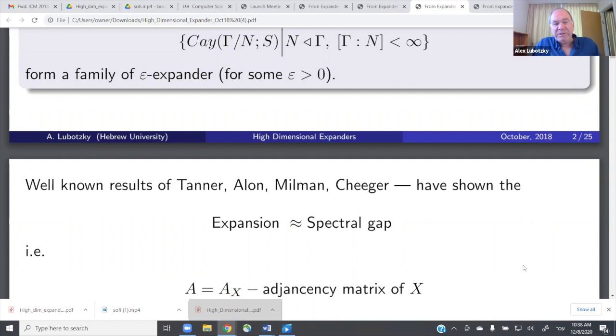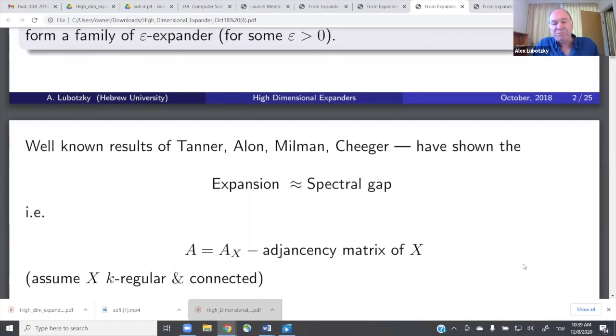Okay, now some well-known results, starting with Tanner, Alon, Milman, Cheeger, in the geometric context, showed that basically expansion is equivalent to spectral gaps. What is a spectral gap?